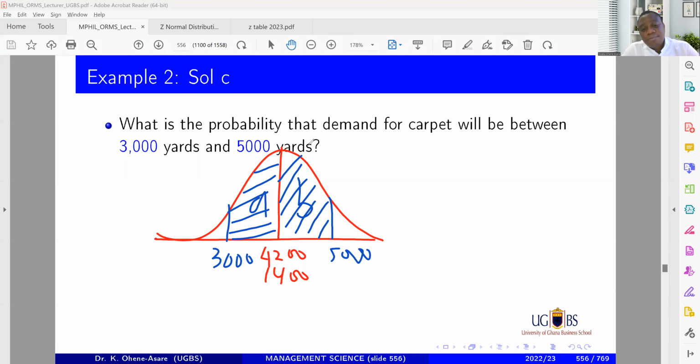Then find the area of B and subtract it from 0.5. Then in summary, I'll add those two areas together to find the probability.